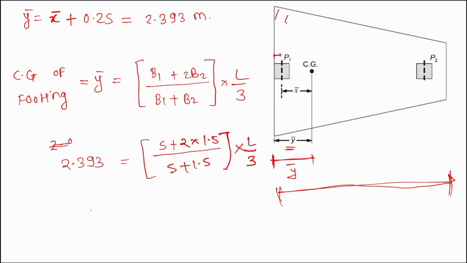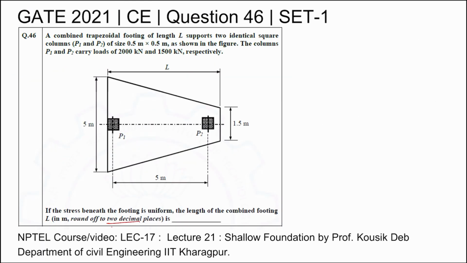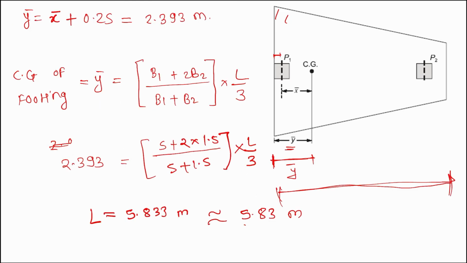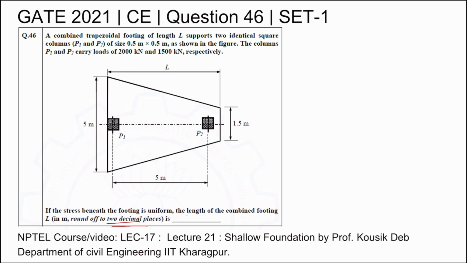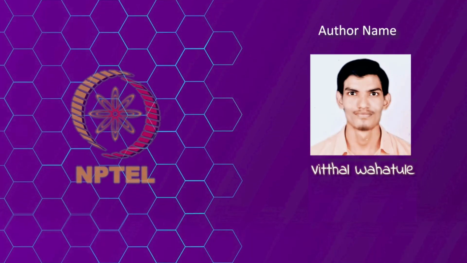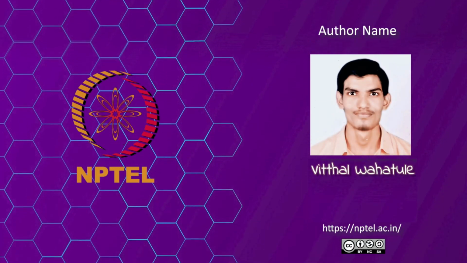From this we get L equals 5.833 meters, approximately 5.83 meter. So our answer up to 2 decimal places is 5.83. I am writing it here, 5.83. Thank you.